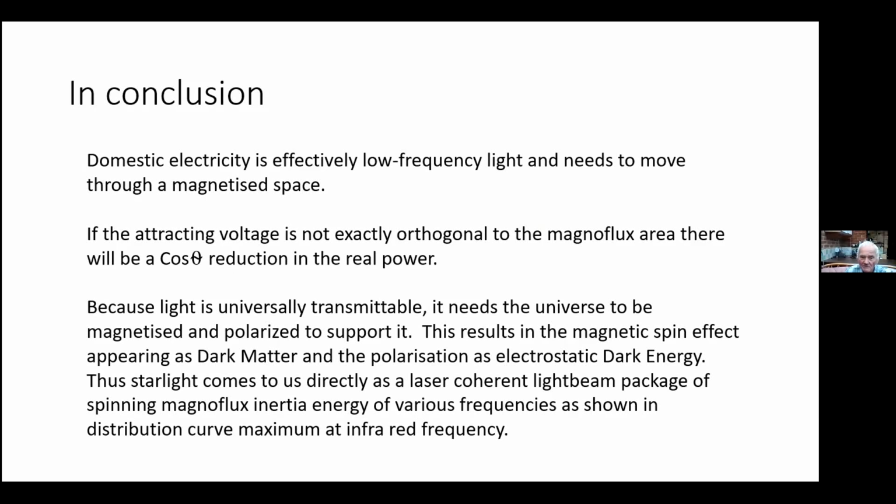Because light is universally transmissible, it means the universe needs to be magnetized and polarized to support it. This results in the magnetic spin effect appearing as dark matter and the polarization as electrostatic dark energy.